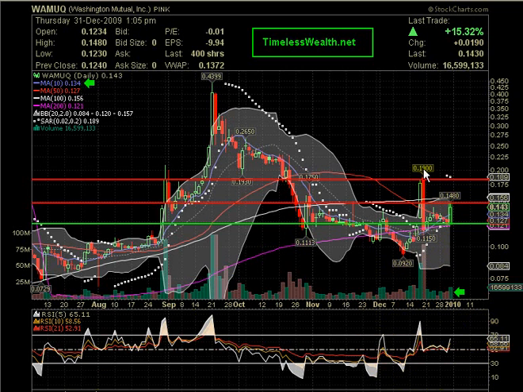Obviously we had a pullback following this rally in price right here, and likewise the RSI pulled back, and now it's just about curling north and looking to head above 70, the momentum zone, if you will. The last time we had seen that, excluding this peak right here, was back in late September, where the price rallied to nearly 44 cents per share.